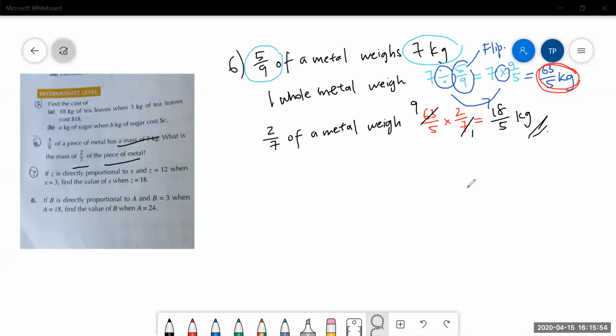Okay. So I want to see whatever I wrote just now copied down. And I want to see the last 2 questions of your homework just now. You remember what you promised me just now?